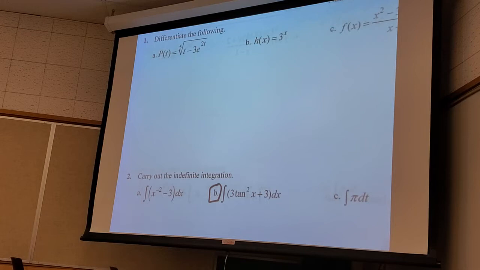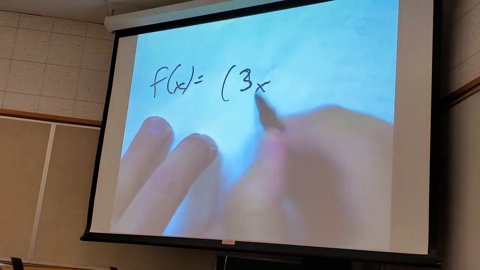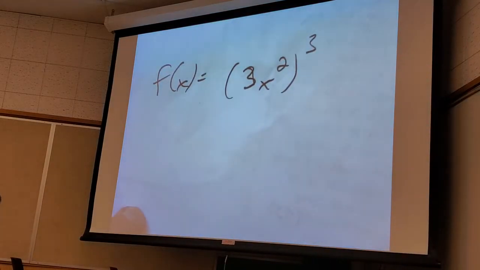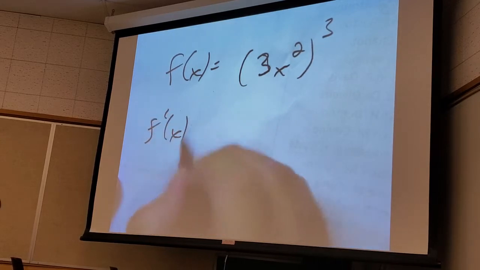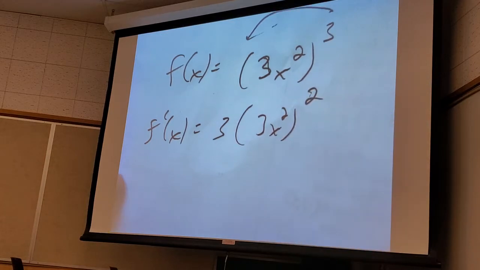When I teach it, I try to show why it makes sense before I even talk about it. For example, if I had (3x^2)^3, and I thought the derivative would work the same as if it was just x to the 3rd power, then I would think the derivative would be 3 times (3x^2) to the 2nd power, right?